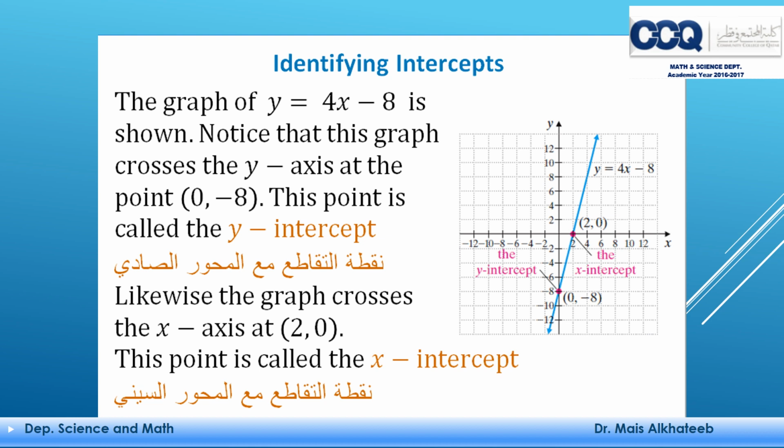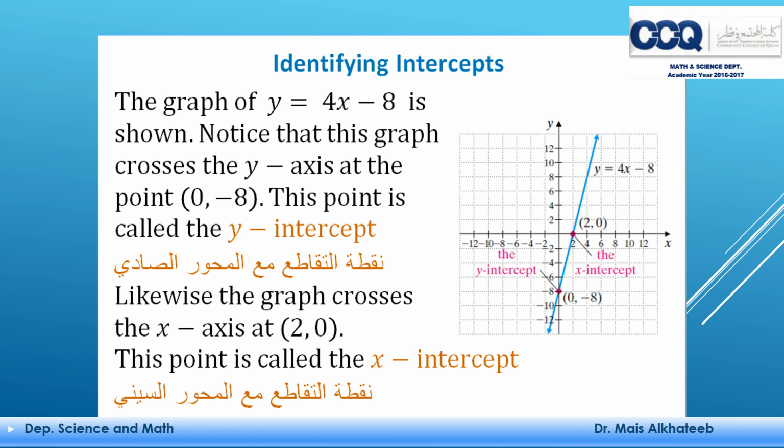We notice that the first point, which is 0 minus 8, هي نقطة تقاطع ال line مع y axis. Therefore I called it نقطة تقاطع مع المحور y واللي بسميها y-intercept.